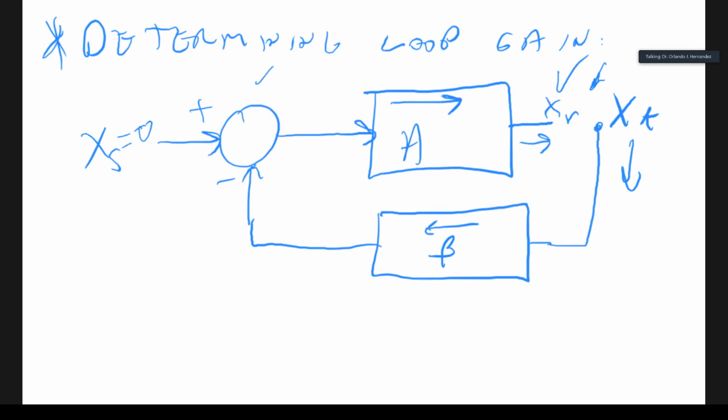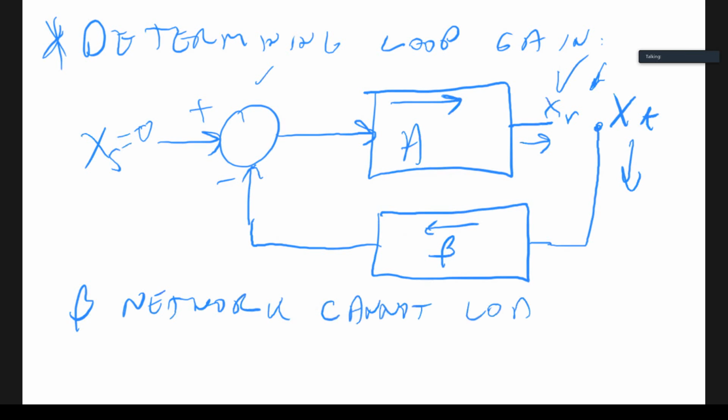So let's write that down somewhere. So the beta network cannot load down A network. All right.